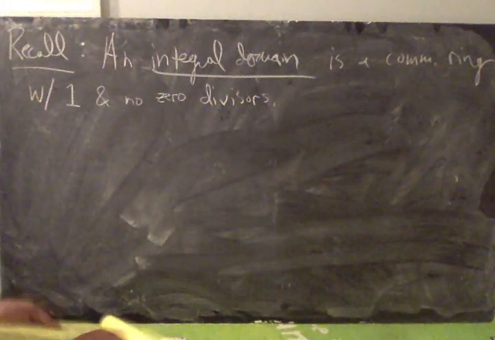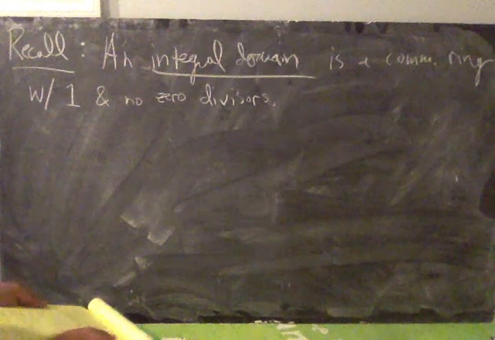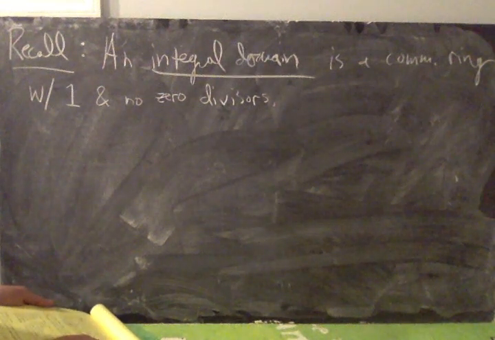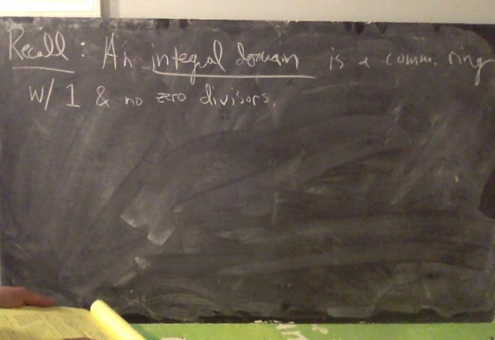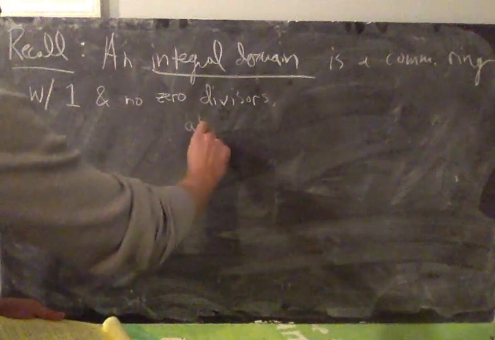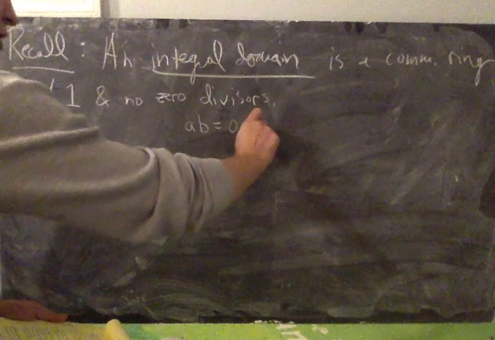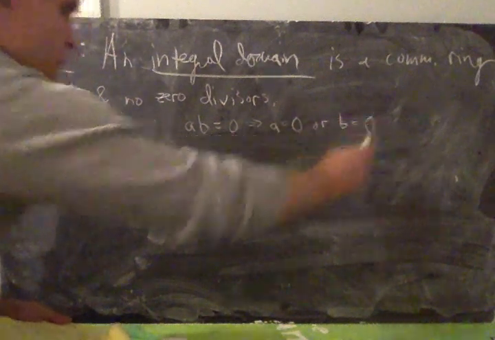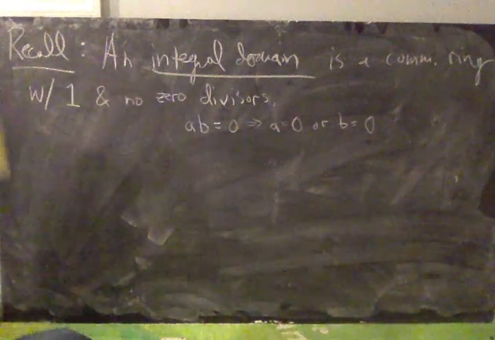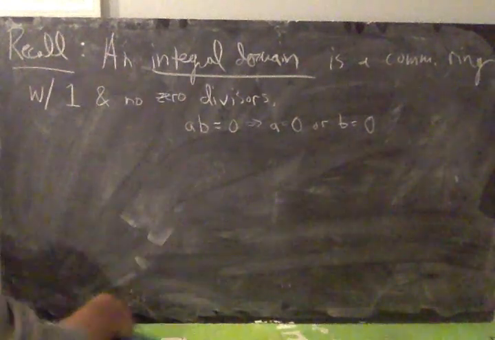Okay, so an integral domain, just to remind you, if it's been a while, is a commutative ring with identity and no zero divisors. Remember, no zero divisors means that if ab equals 0, that implies that a is equal to 0 or b is equal to 0.